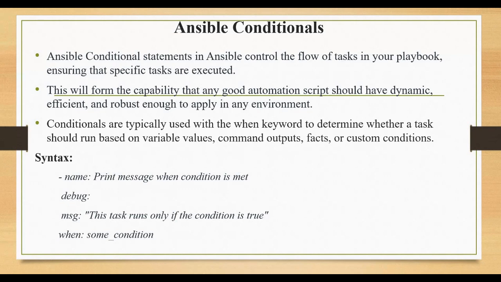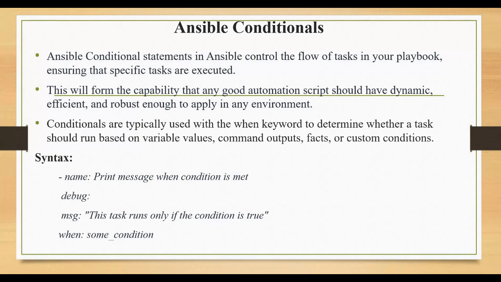The next is Ansible conditionals. Conditional statements in Ansible control the flow of tasks in your playbook, ensuring that specific tasks are executed. This gives the capability that any good automation script should have: dynamic, efficient, and robust enough to apply in an environment. Conditionals are typically used with the when keyword to determine whether a task should run based on variable values, command output, facts, or custom conditions.